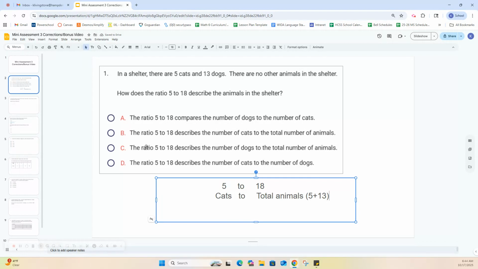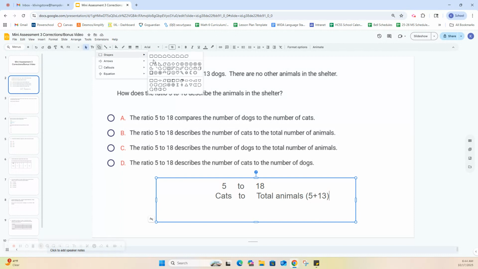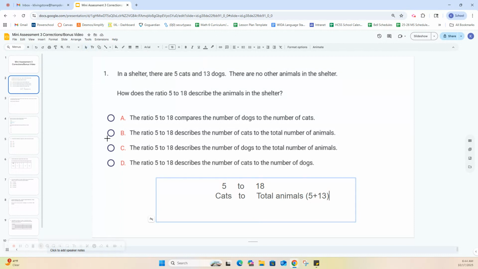So the ratio 5 to 18 is the number of cats to the total number of animals, which would be option B. All right, let's move forward.